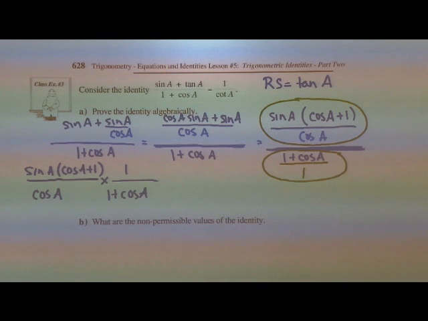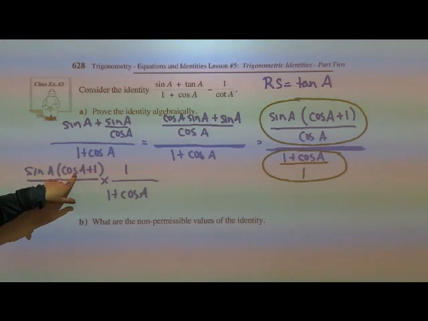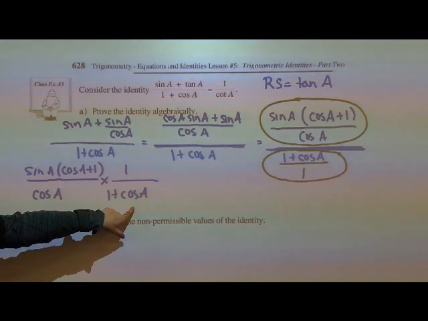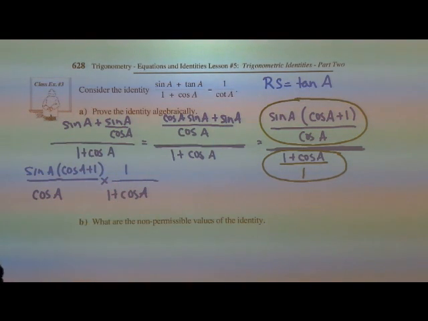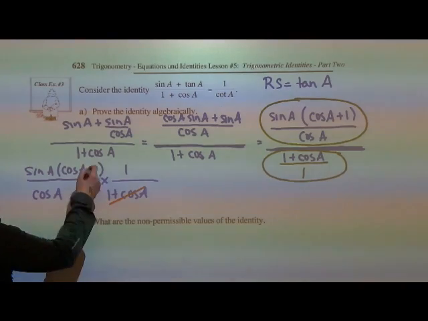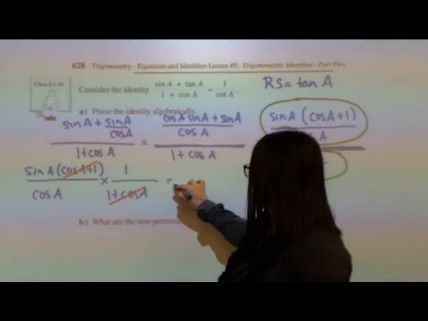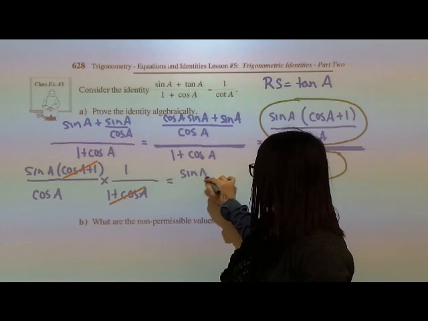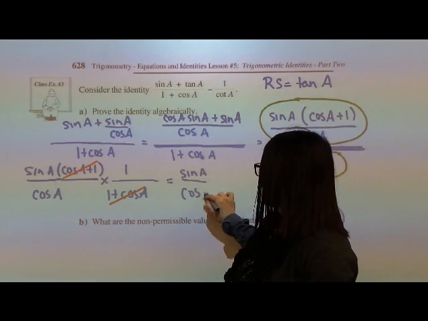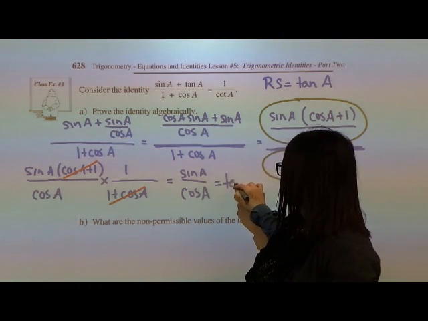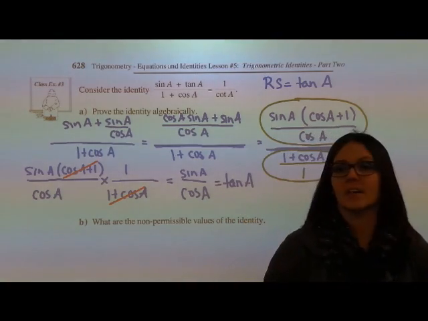Cross off cos A plus 1 up top and 1 plus cos A. Is that the same? Yeah, because they're both positive. So I can cancel out these common expressions, which leaves me with sine over cos, which is equal to tan.